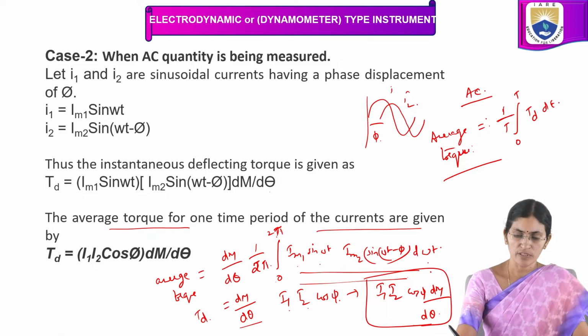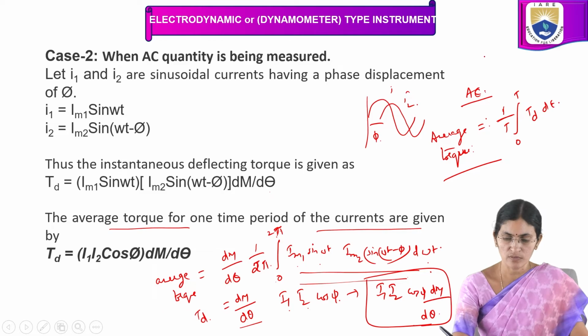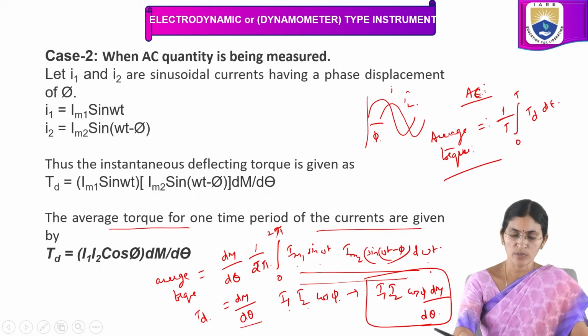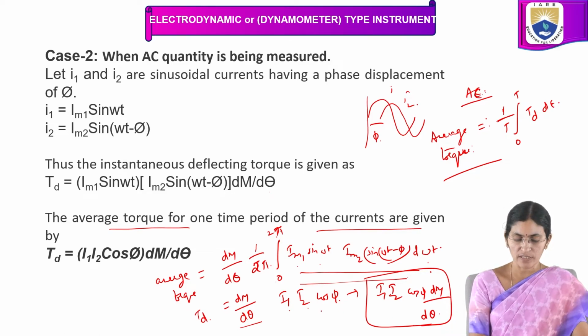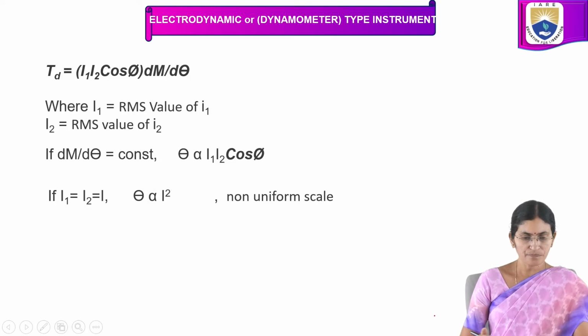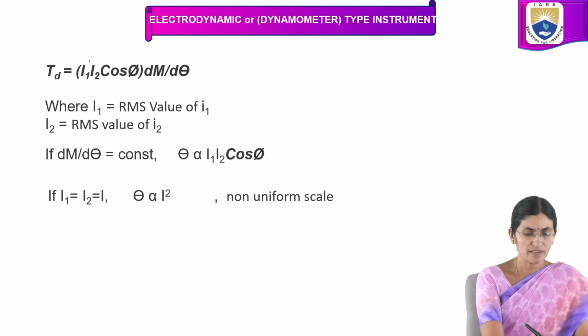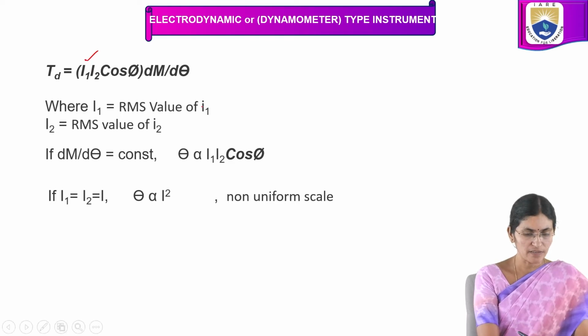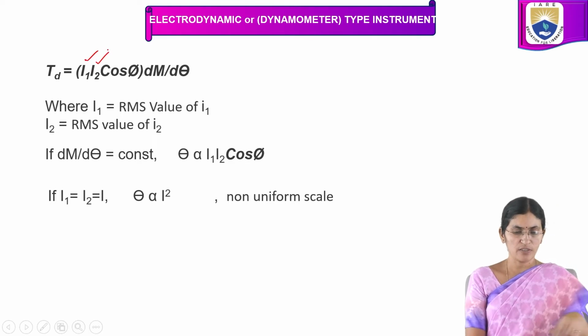Since for AC we have to consider the average torque, the pointer will respond only to the average torque. So the average torque is given by I1 I2 cos phi into dM by d theta. Here I1 is the RMS value of the current I1 and I2 is the RMS value of the current I2.